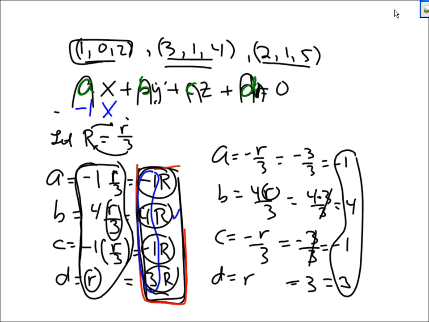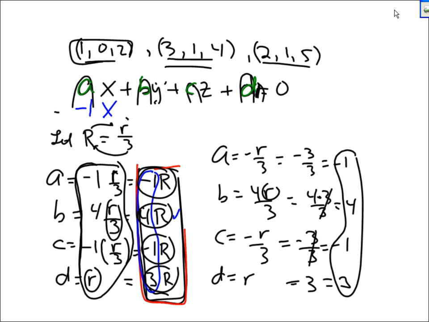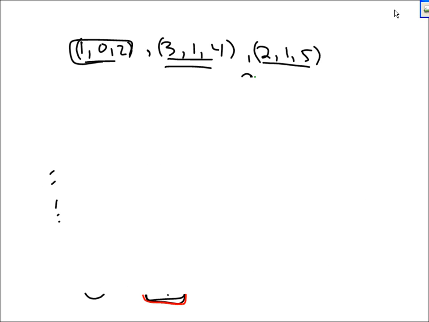Okay, I know I made that much more complicated, but just solve the system of equations. You have AX plus BY plus CZ plus D equals 0. Plug those three points, one by one, into the equation.